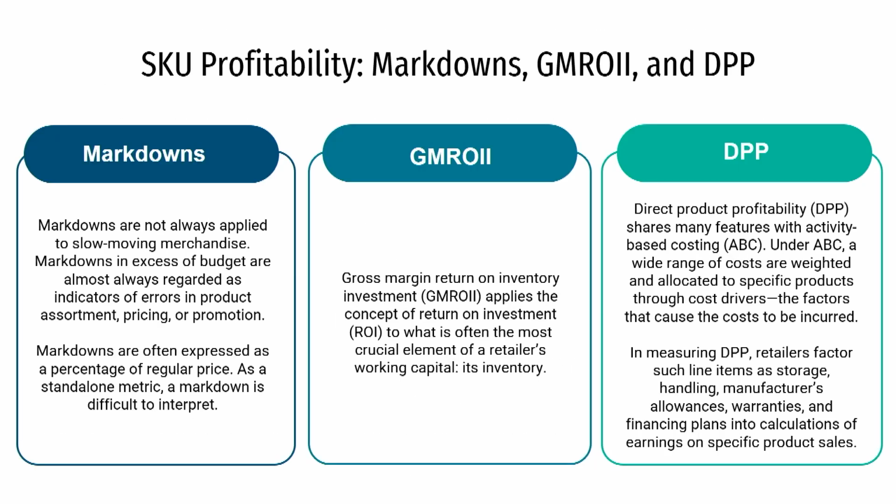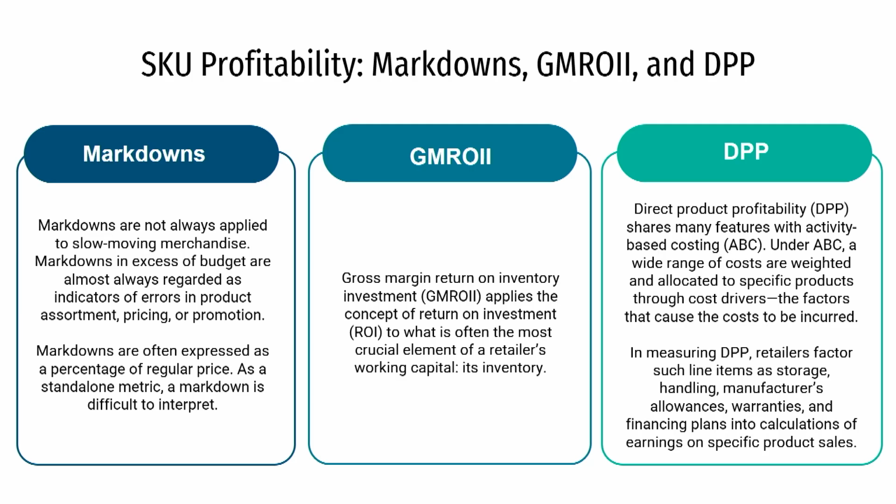Now, let us summarize these metrics: markdown, GMROII and DPP. Markdowns are not always applied to slow moving merchandise. Markdowns in excess of budget are almost always regarded as indicators of errors in the product assortment, pricing and promotion.